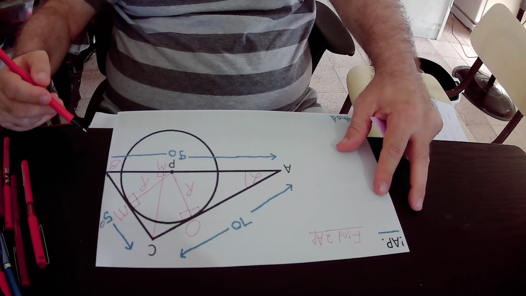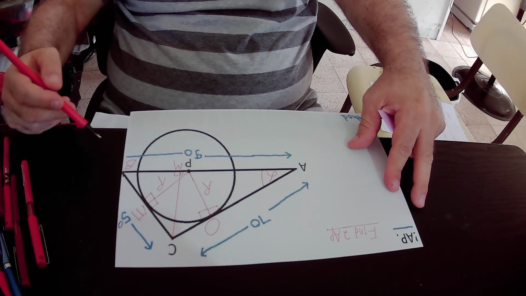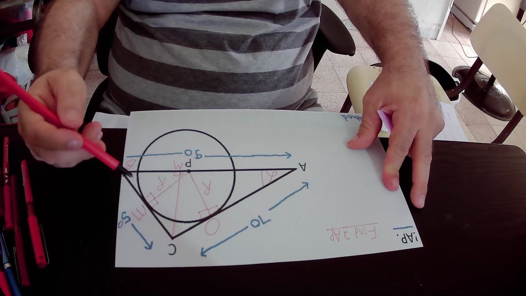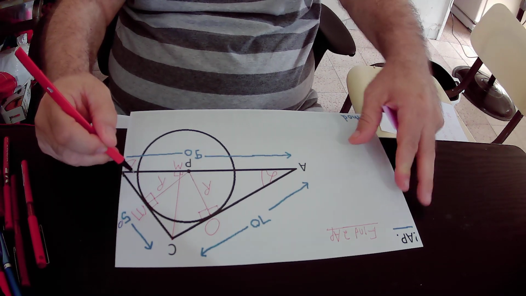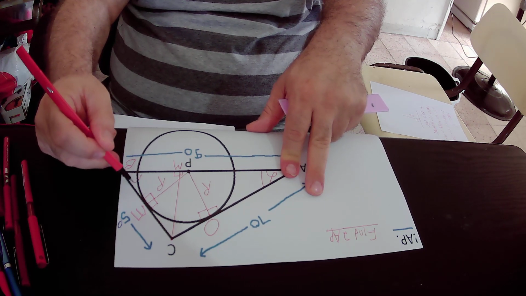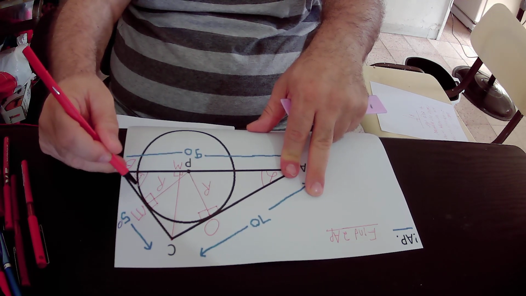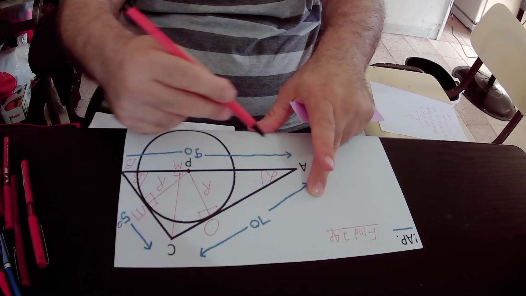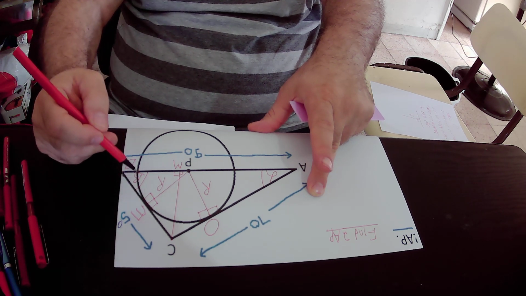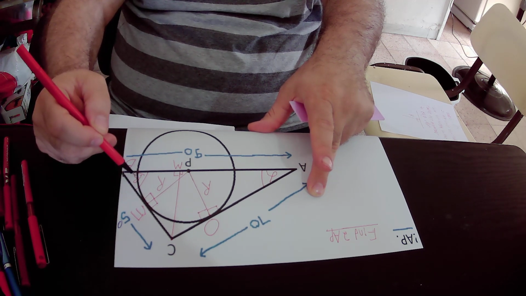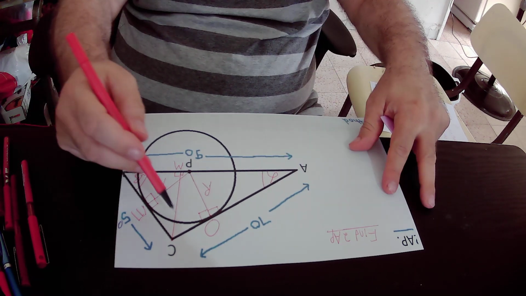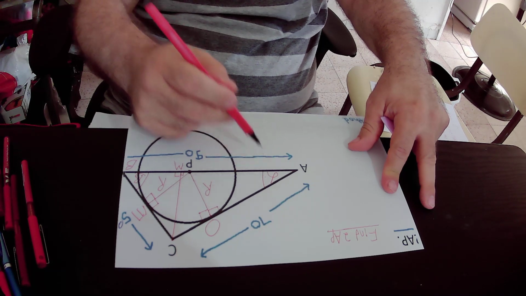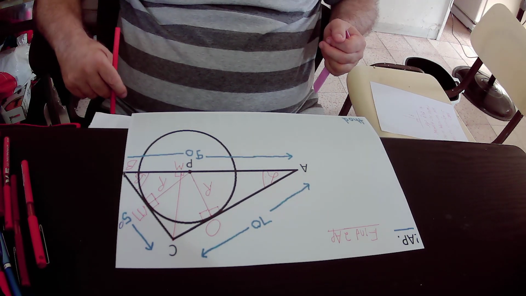And we will define angle ABC or PBC as beta. Okay? Angle PBC or ABC is defined as angle beta, and angle CAB or CAP is defined as alpha. Okay?